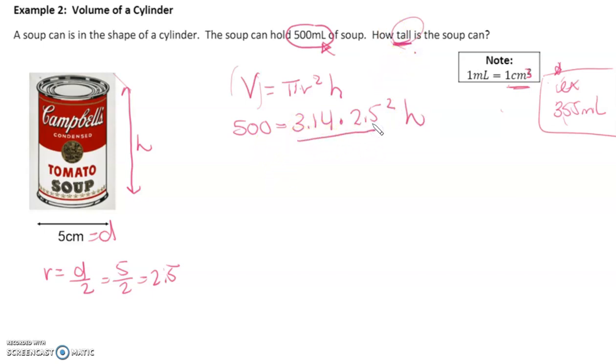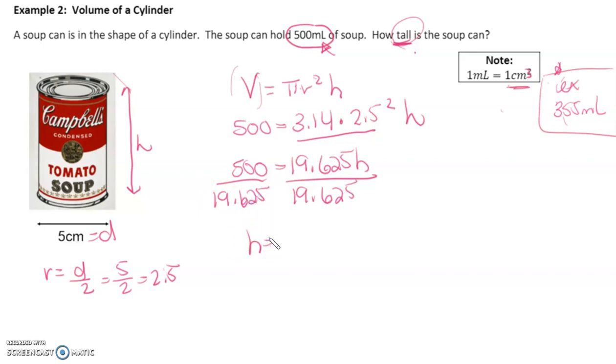So let's go ahead and multiply this portion that I underlined. So we're going to have 500 equals 19.625H. Okay, divide both sides by 19.625. And we're going to get 25.47.